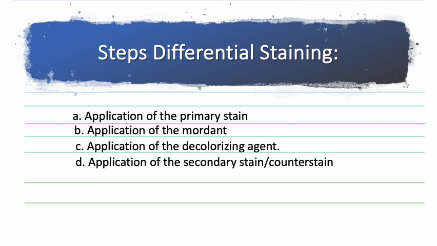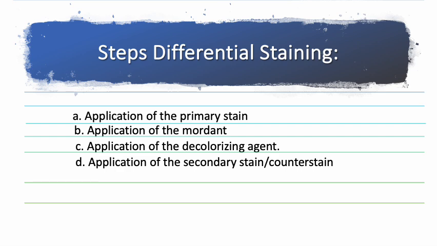Now, the basic steps for differential staining would be the following. Firstly is the application of the primary stain. Usually, primary stains are cationic stains, used to stain the first structure or layer of your bacteria, which is the cell wall. Now, the second step is the application of the mordant.